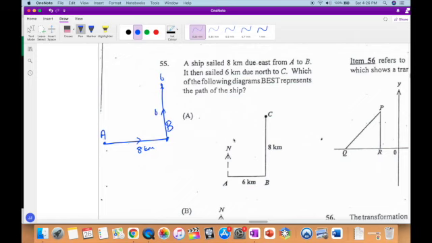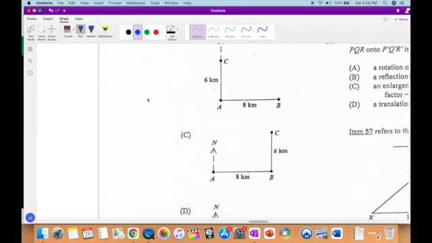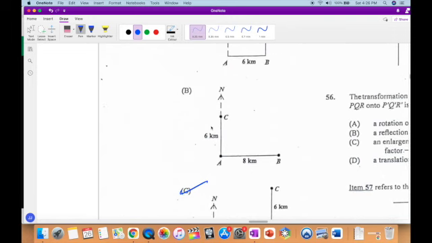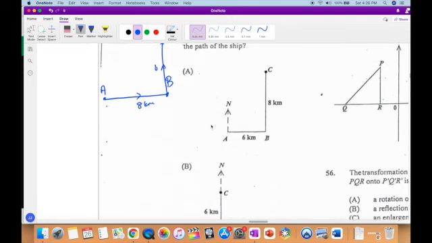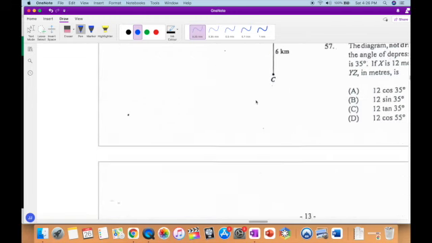Which of the following diagrams best represents the path? We can see from what we just drew, 8 kilometers, 6 kilometers. Make sure 8 and 6, 8 is on the base. Nice.